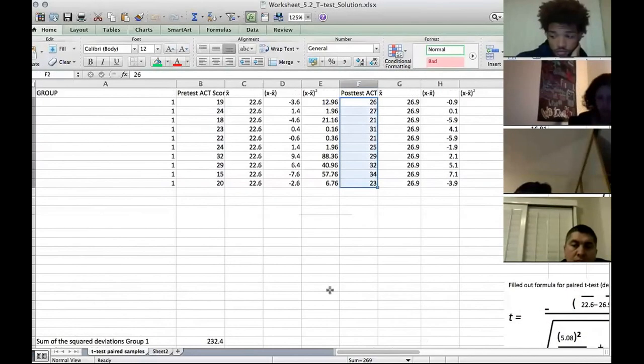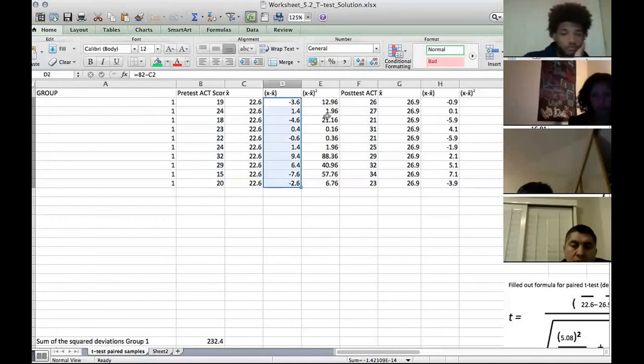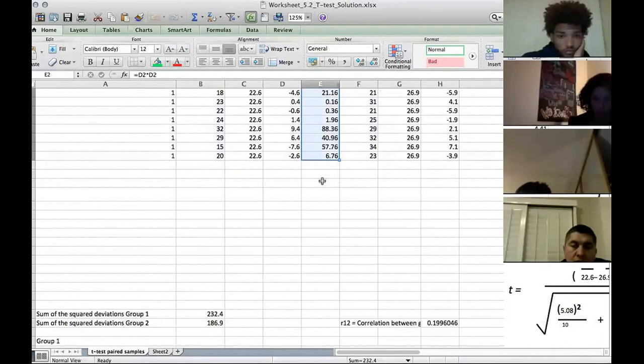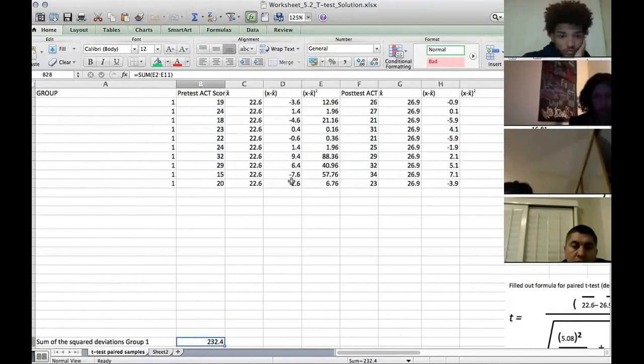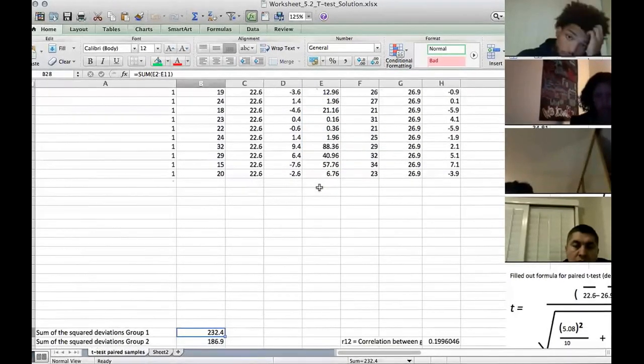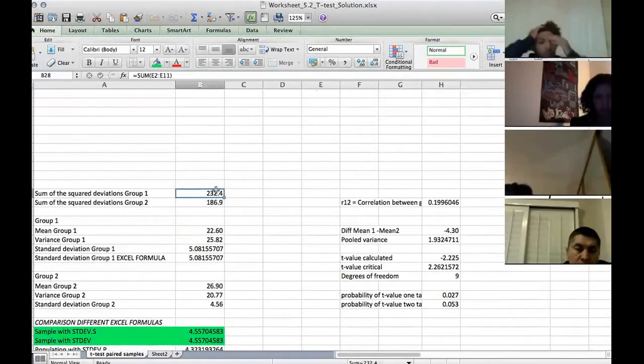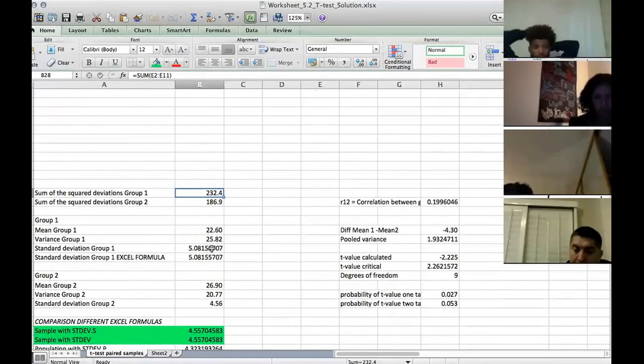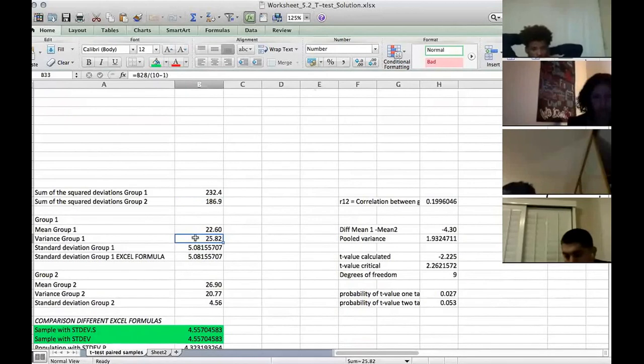And now we can do the same thing, right? We have the individual scores. We calculate the group average. We calculate the distance for each individual to the group average. We square these differences and then add them up. This gives us the sum of the square differences. We divide that by n minus 1, which gives us the variance.